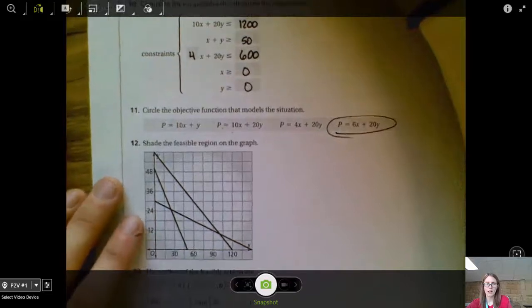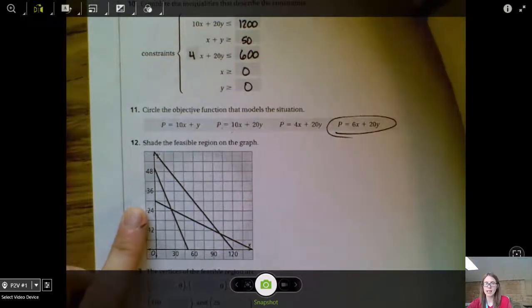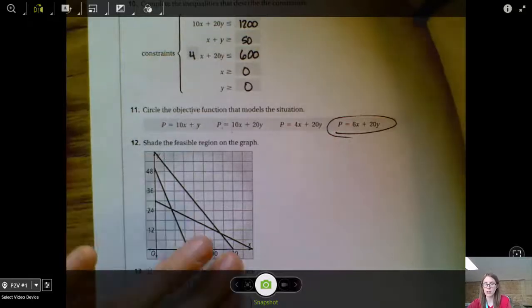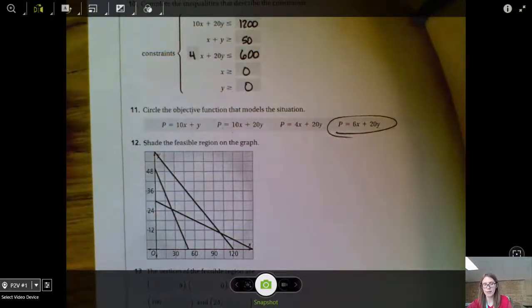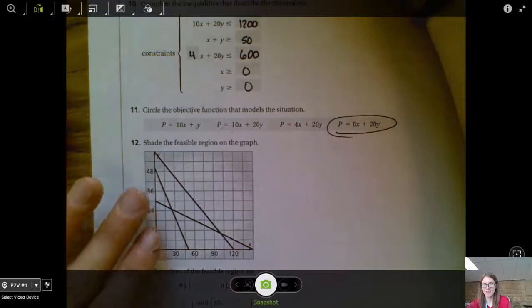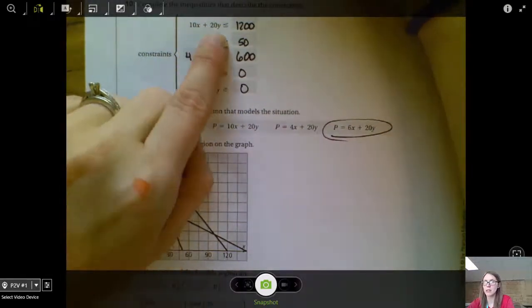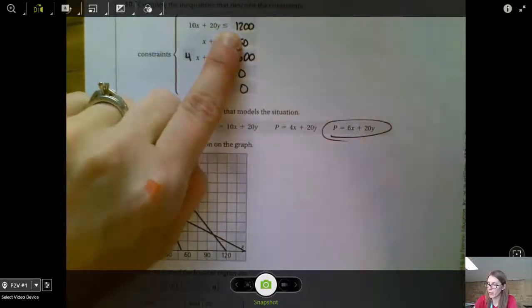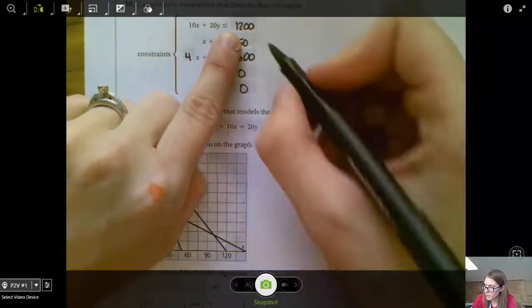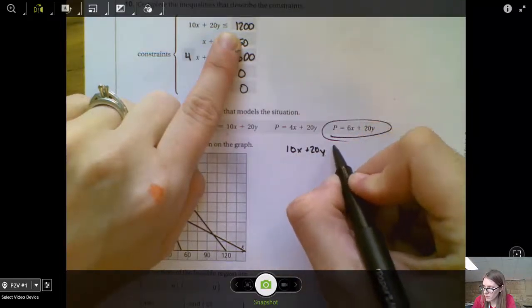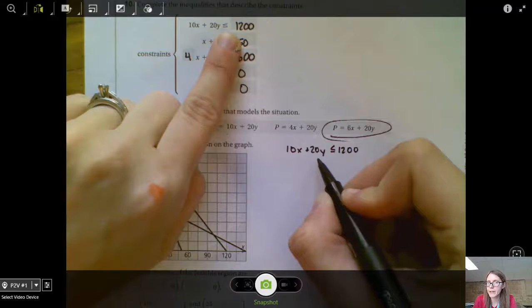All right. Our line's already drawn here for us. But let's go through that process again. If I was trying to graph 10x plus 20y is less than or equal to 1,200, we have to get y by itself.